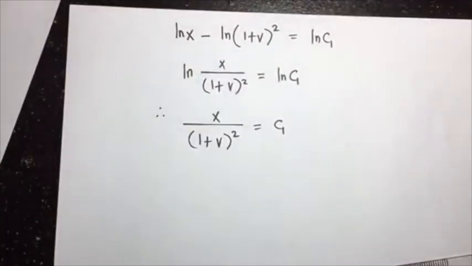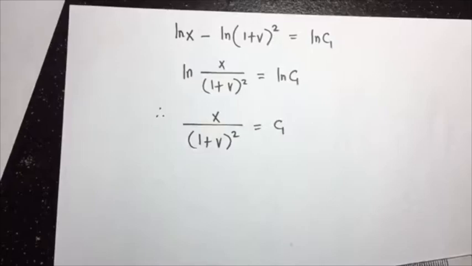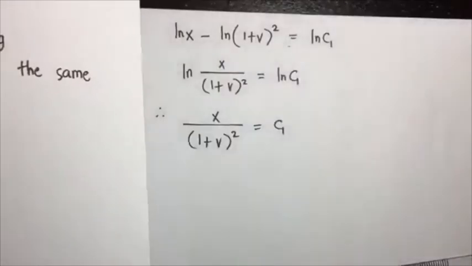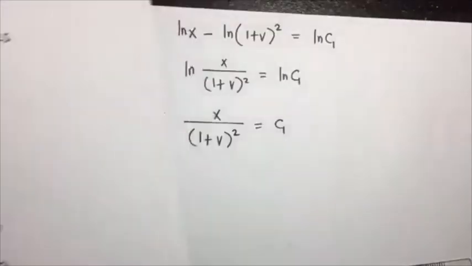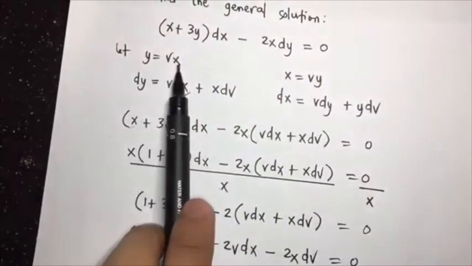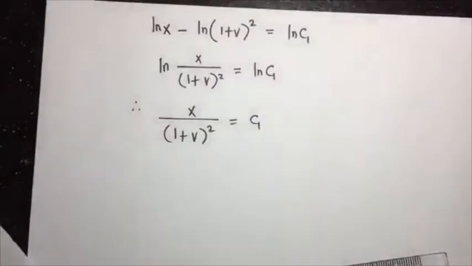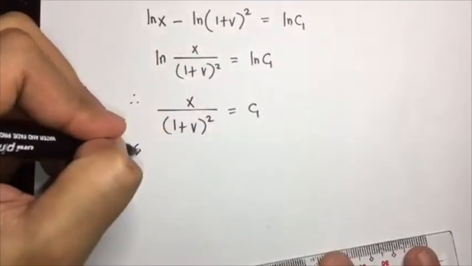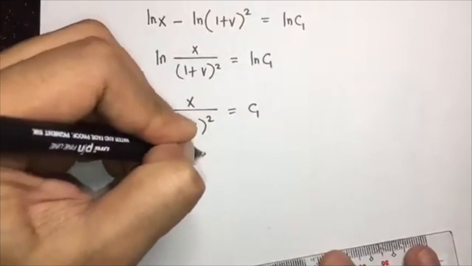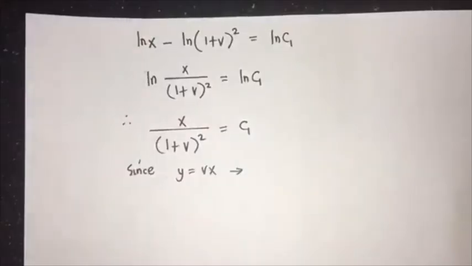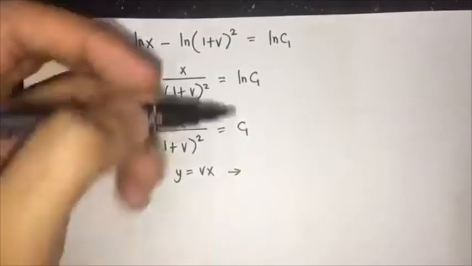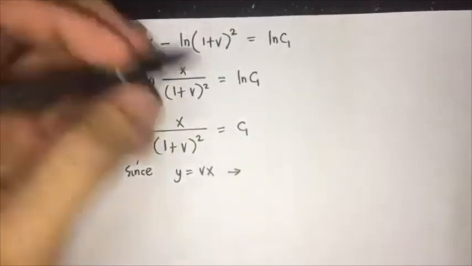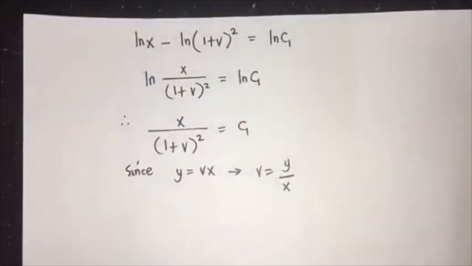Okay, so that is the solution, but we still need to return to the original variables. Since we have substituted y is equal to vx, then v is equal to y over x.